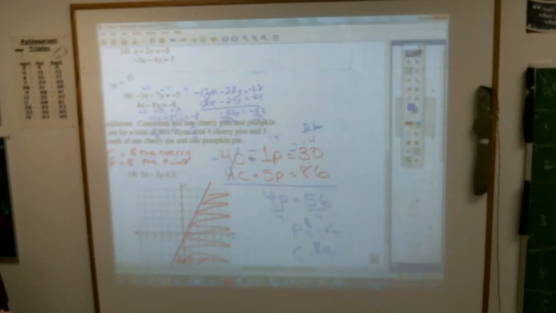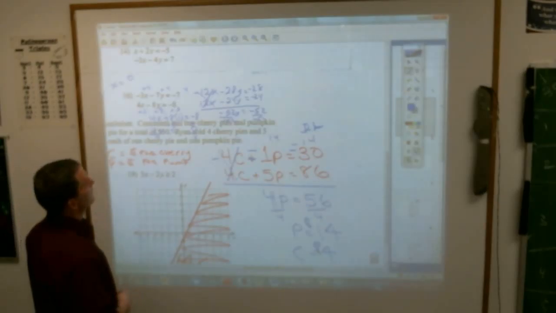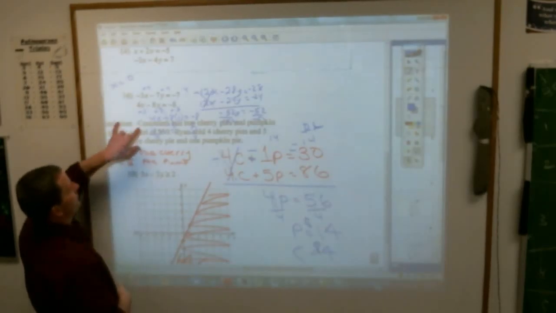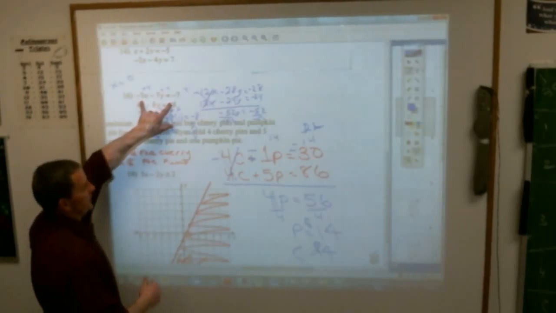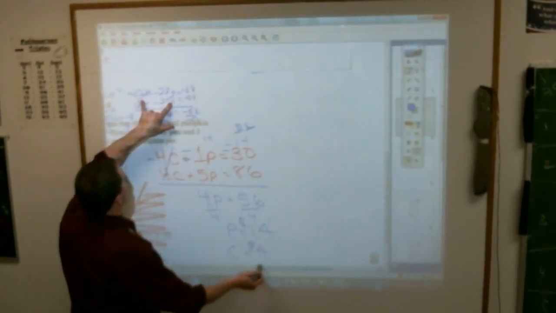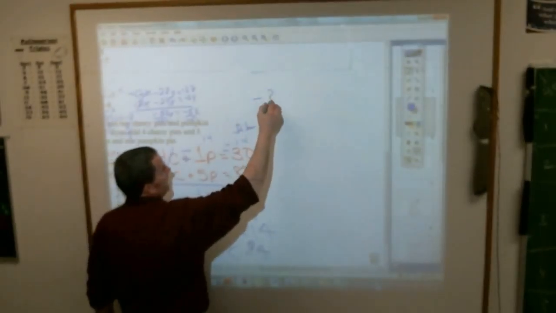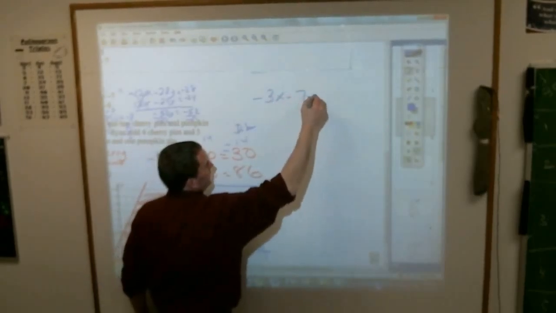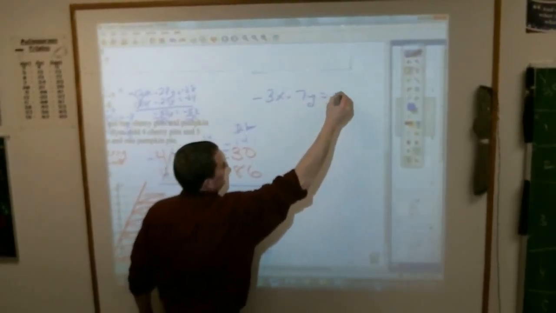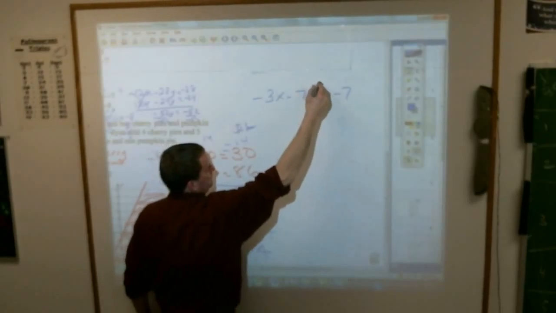Jake? Problem number 16. Yeah. I got y equals 1, and then I put 1 into the equation, but I did the top one, and I got negative 3. Is this the one you did? Negative 3x minus 7y equals 7? Yeah. Well, let me do that. Negative 3x minus 7y equals what? Negative 7. And y equals 1, right?